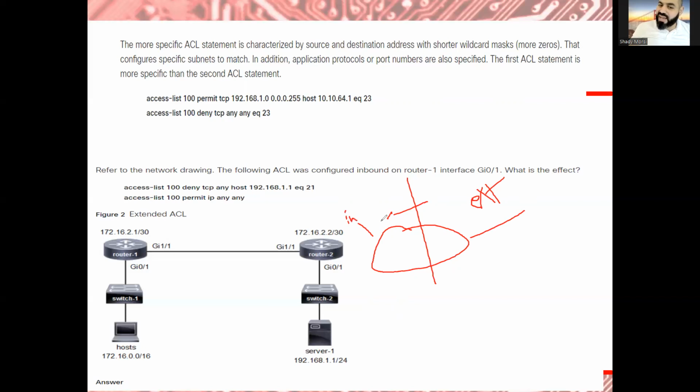Except if I created what? An ACL, access list. When I create an access list, I will say, you know what? I don't want to deny everyone, because by default it's denying everyone. I will create an access list to allow certain traffic to reach certain services within the organization.